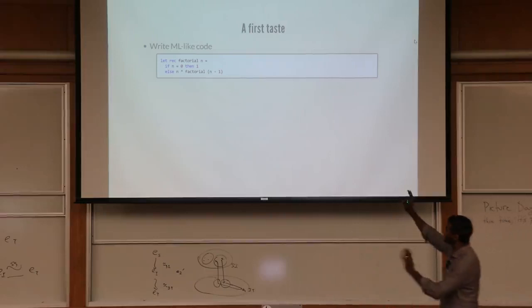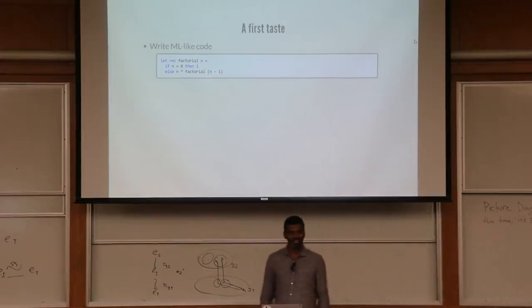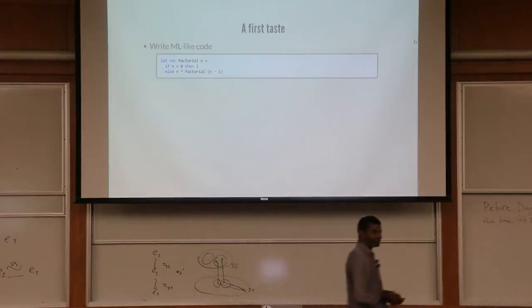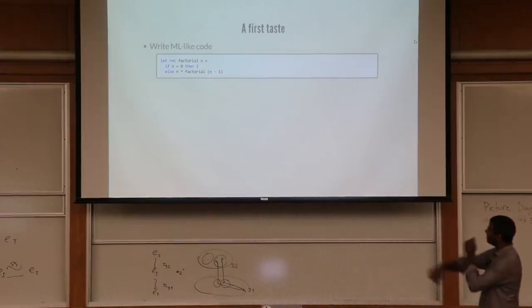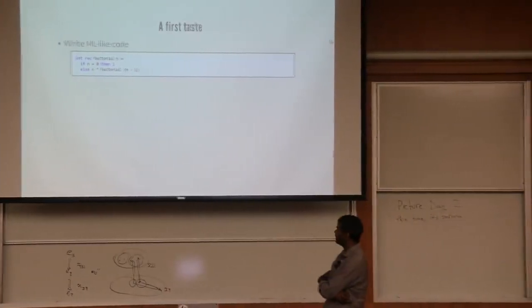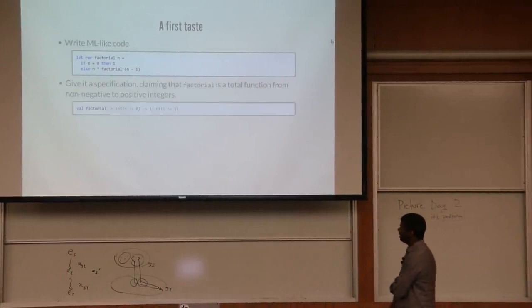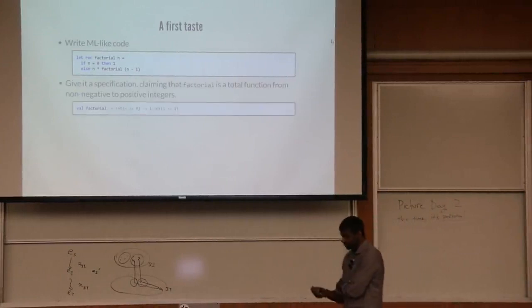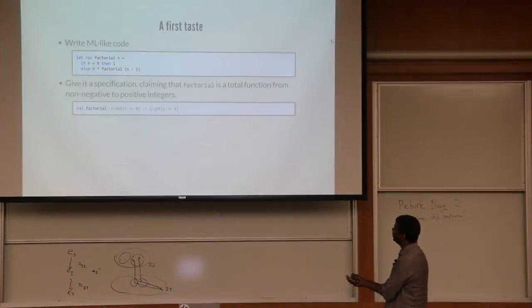Okay, so that's good. So I can show you a pile of syntax like this, and I don't have to explain syntax at least, right? So you write programs in ML-like code. Here's a factorial in OCaml syntax, which in this fragment also happens to be F* syntax. And you can give it a specification, and here's a spec that you can write in F* that you can't write in, say, OCaml.